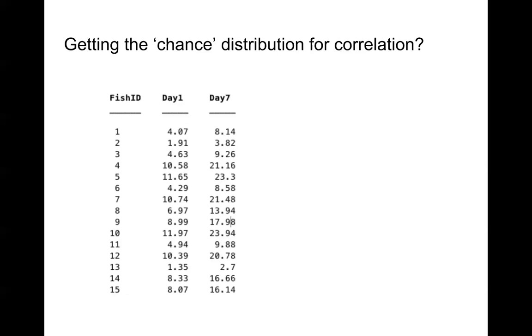So what's the opposite of that hypothesis? That there's no correlation between length on day 1 and length on day 7. How many different ways could that show up? And how could you do it? If there was really no correlation, how else could the data have turned out?